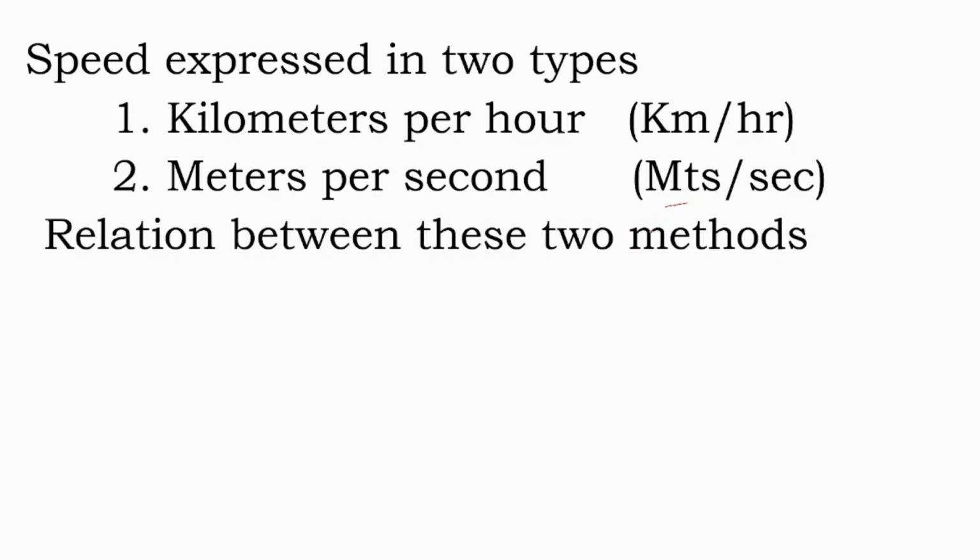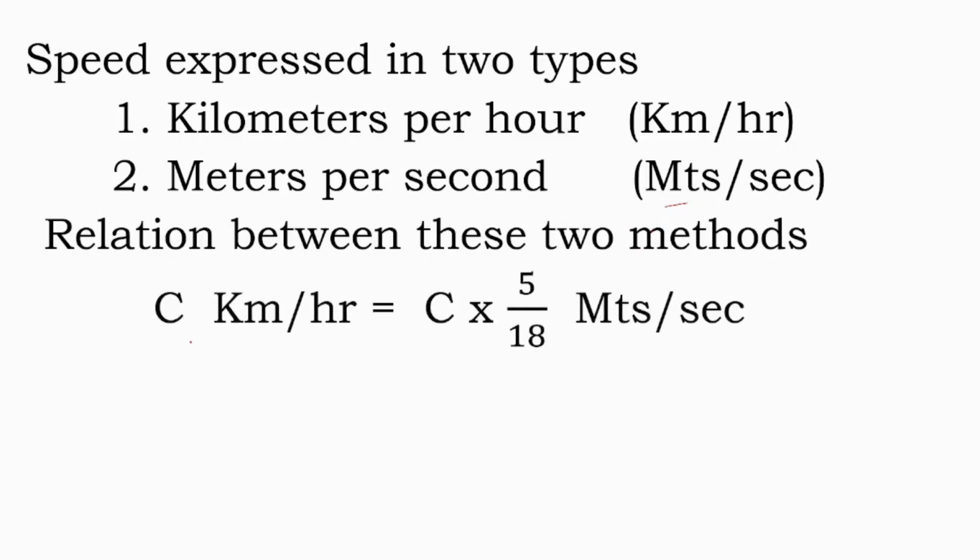The relation we have to know is that if the average speed is given as C kilometers per hour and we want to convert it into meters per second, then C should be multiplied by the factor 5 by 18. The 5 by 18 stands for 1000 meters by 3600 seconds.